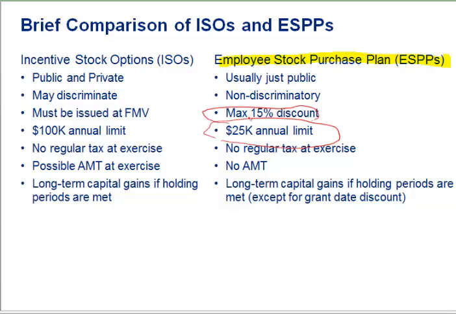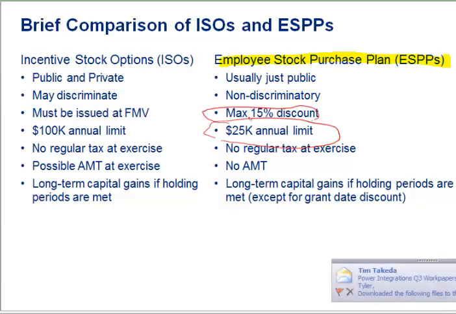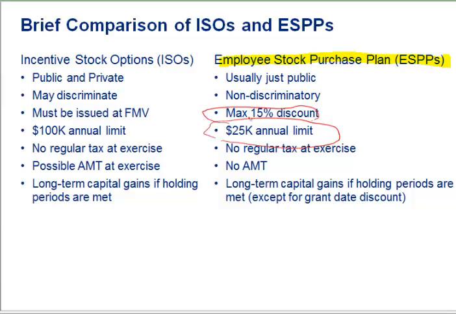Let's say that Man works for a public company and the stock of the company is worth $10 a share. What that company can do is say, you know what, we would love for you to be a partial owner in this company and feel like you're a shareholder, but we know that's hard, right? Not everyone has tons of money. So we're going to give you the ability to buy stock in the company, but at a discounted price.